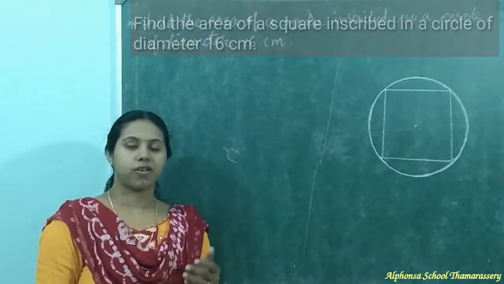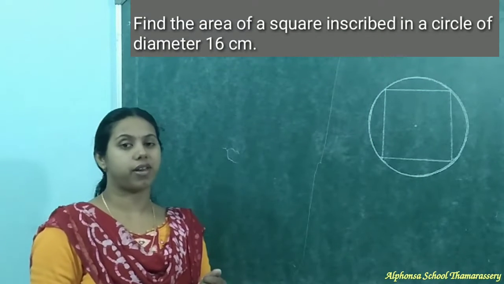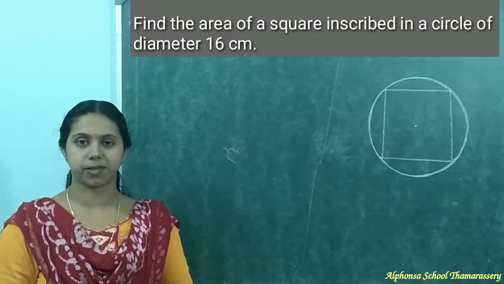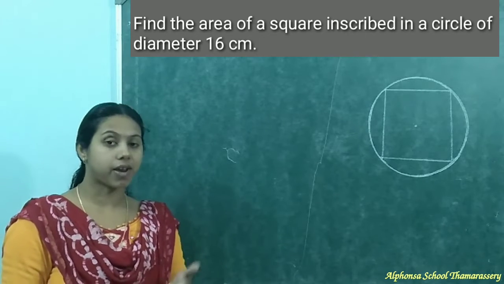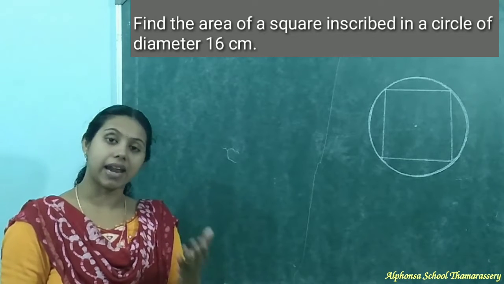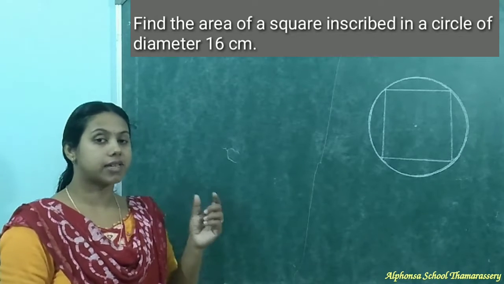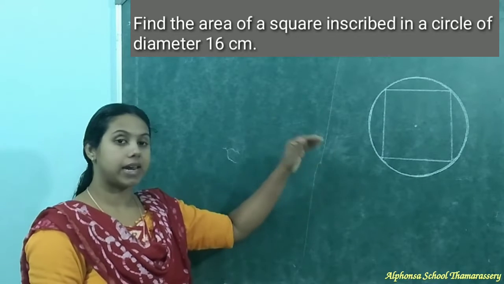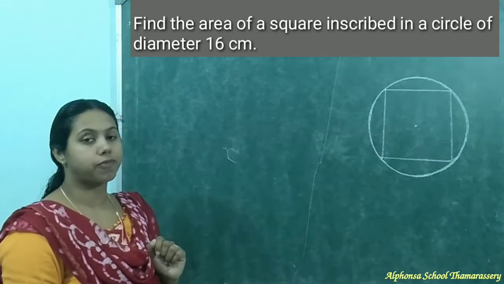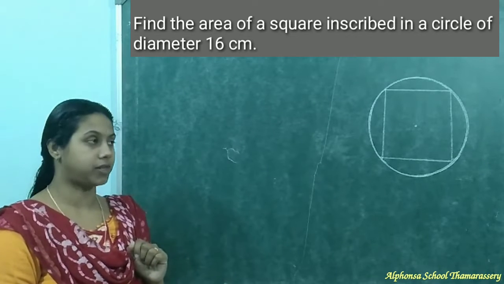Today we will discuss a few more questions, that is the previous year's questions. Find the area of a square inscribed in a circle of diameter 16 centimeter. We know that inscribed means a shape drawn inside another. So here a square is drawn inside a circle. The diameter of the circle is given as 16 centimeter.